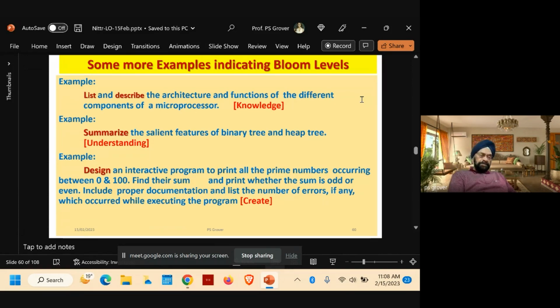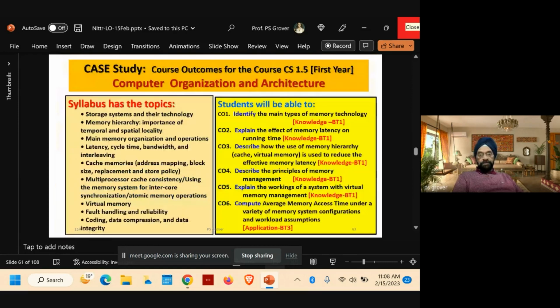That means the formulation of the learning outcome conveys clearly what the student is expected to demonstrate, at which level, at the lower levels or the higher levels, and so on. So here is a case study, course outcomes for computer science.